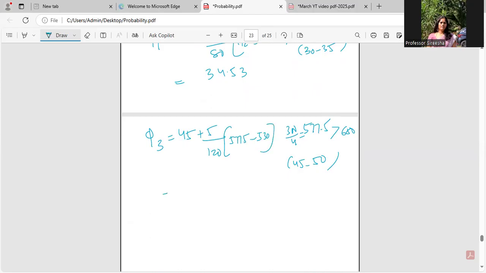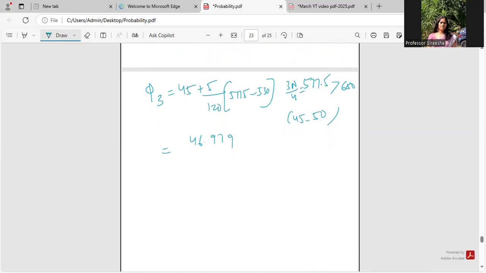So this value turns out to be 46.979. Now that's it. Once I get Q1, Q2, Q3, Bowley's coefficient is very easy. It is Q3 plus Q1 minus 2Q2 by Q3 minus Q1. After putting all the values that I have calculated, it comes out to be 0.093.